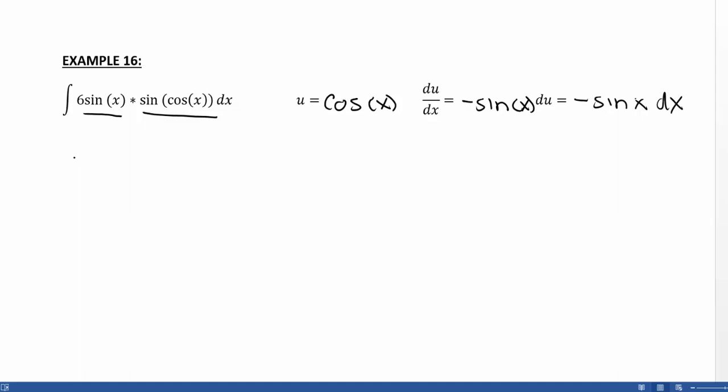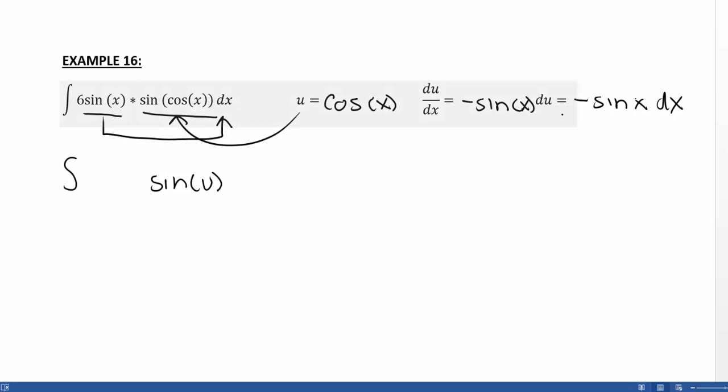Let's be really careful here. We're going to start by substituting in our u. The u is going into this sine function here, so sine of u. When we look at what's left, we have 6 sine x dx. Our du is negative sine x dx. They're close, but they're not quite the same.